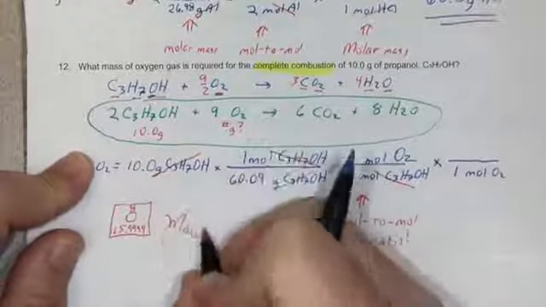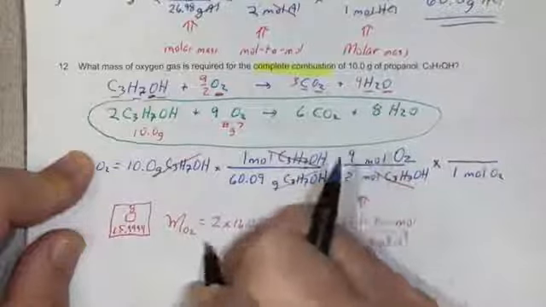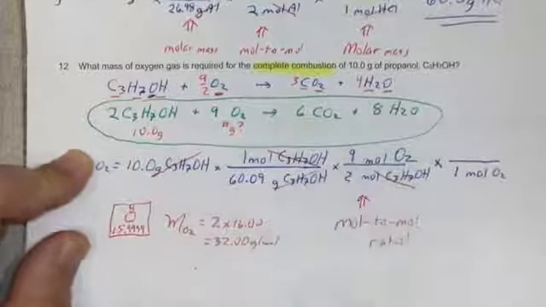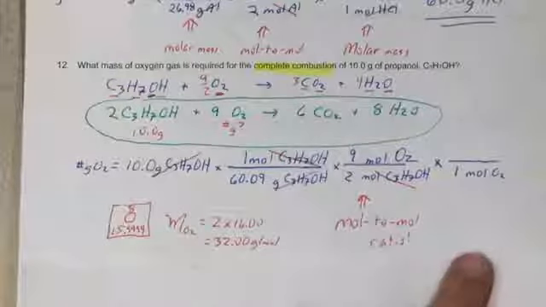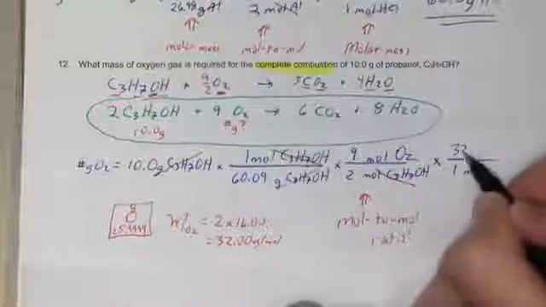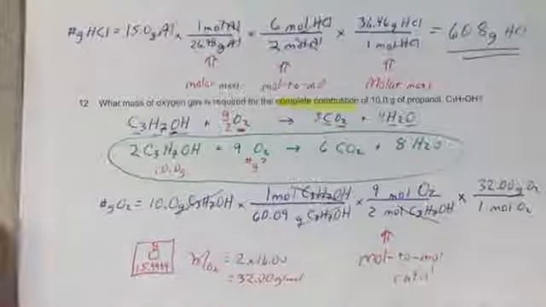Okay, so what is the molar mass of O2? The molar mass of O2 is 2 times 16. It's 32 grams per mole, not 16. Don't use 16. You'll get the incorrect answer there. It's 2 times 16, which is 32. So the molar mass of oxygen is 32.00 grams of oxygen for every 1 mole of oxygen.